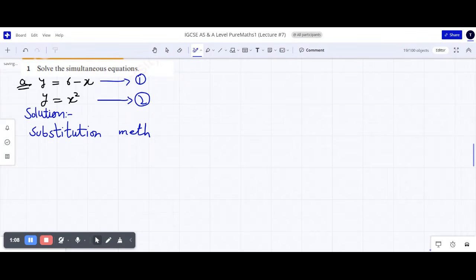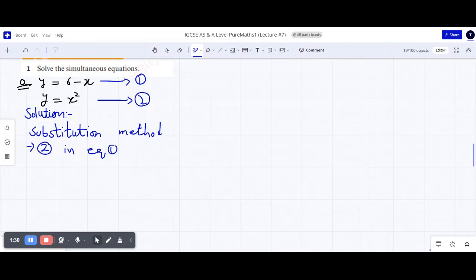Substitution method is we have to substitute one equation into the other. So let's, the first step, substitute equation 2 in equation 1. How can we substitute it?